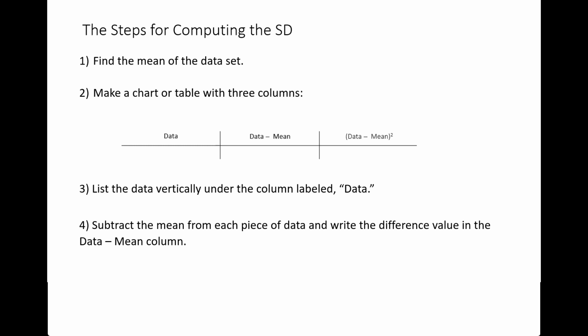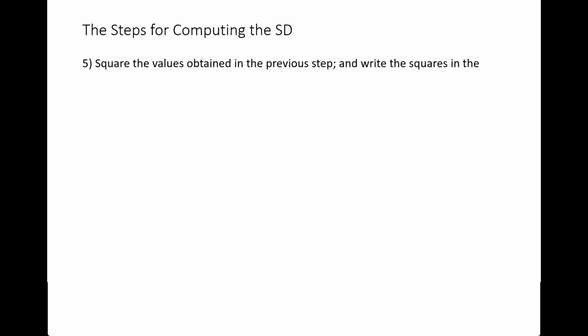Next step, subtract the mean from each piece of data and write the difference value in the data minus mean column. Square the values obtained in the previous step and write the squares in the data minus mean quantity squared column.